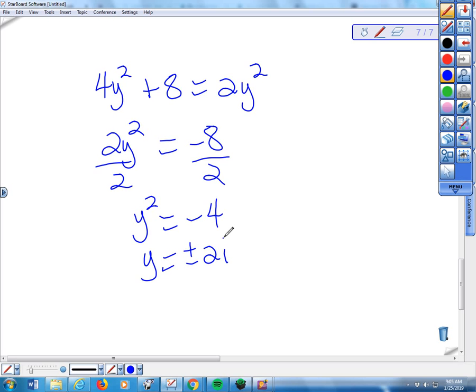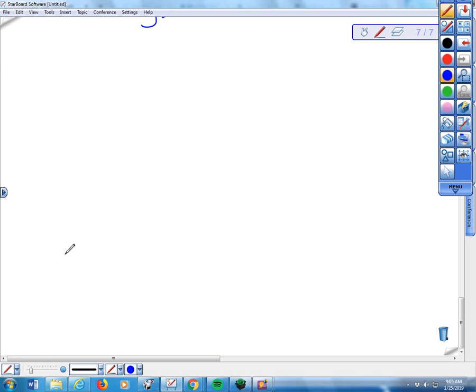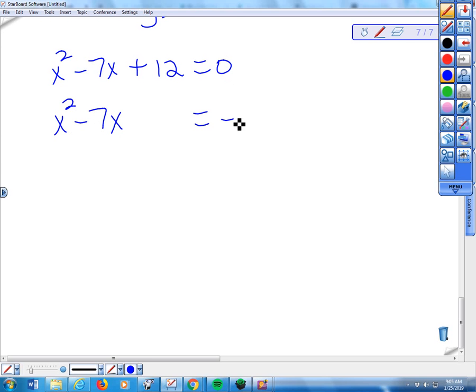Solve the equation by completing the square. So I'm going to move the 12 over. Divide this by 2 and square it. 7 divided by 2 is 7 halves. Squared is 49 fourths.